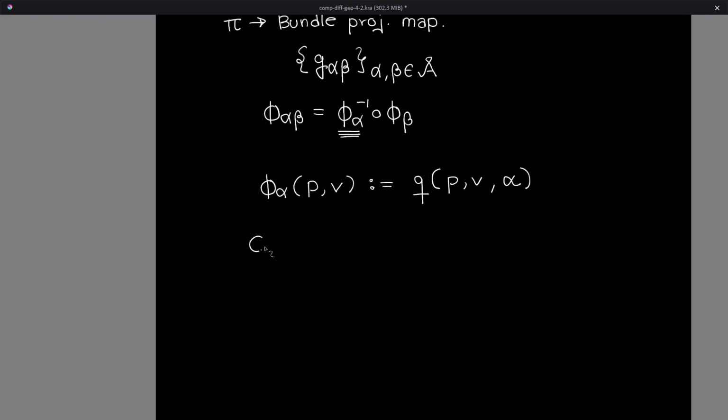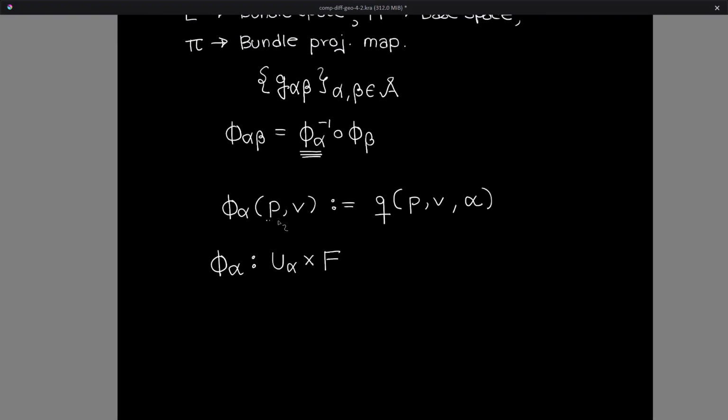So phi alpha is a map that goes from U alpha cross F, because of the way that Q is defined, these two are related, remember? So P is an element of U alpha by necessity.